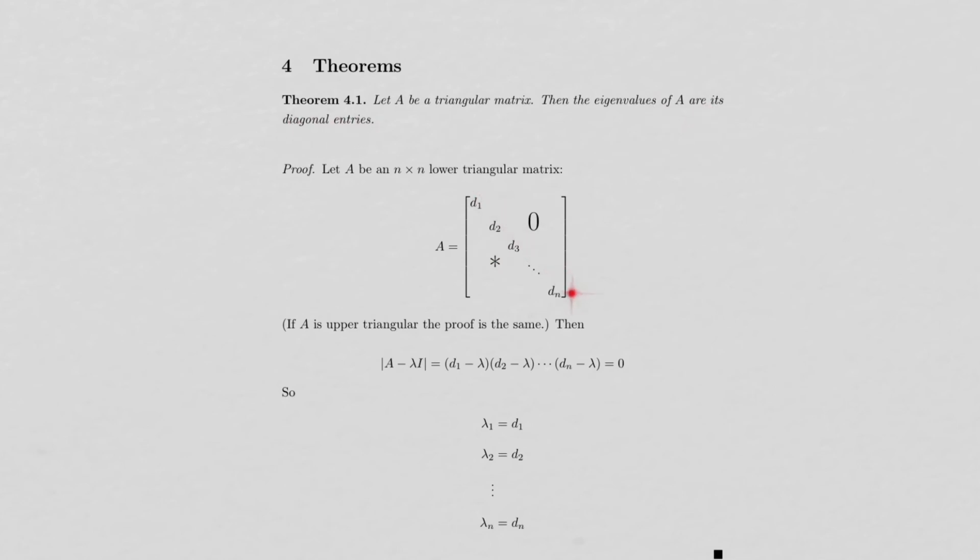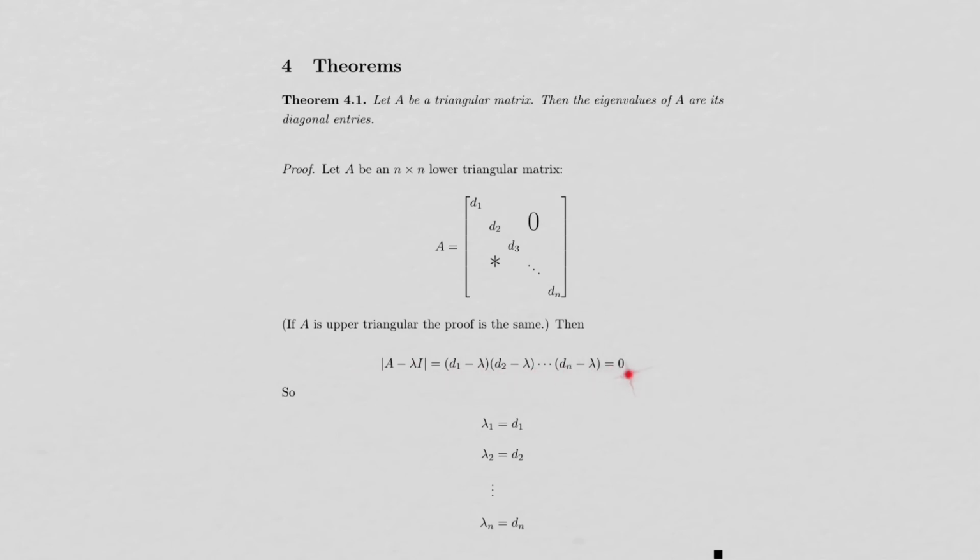So here they are. That's a direct result of a theorem that we saw in the determinants chapter that says that the determinant of a triangular matrix is just the product of the diagonal entries. Well, if I subtract the lambda I from each of the diagonal entries to form A minus lambda I, the determinant of that matrix is just the product of those diagonal entries.